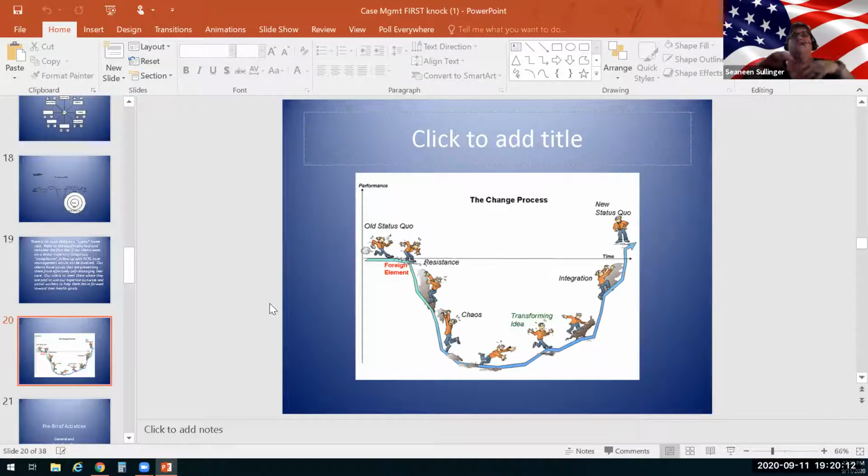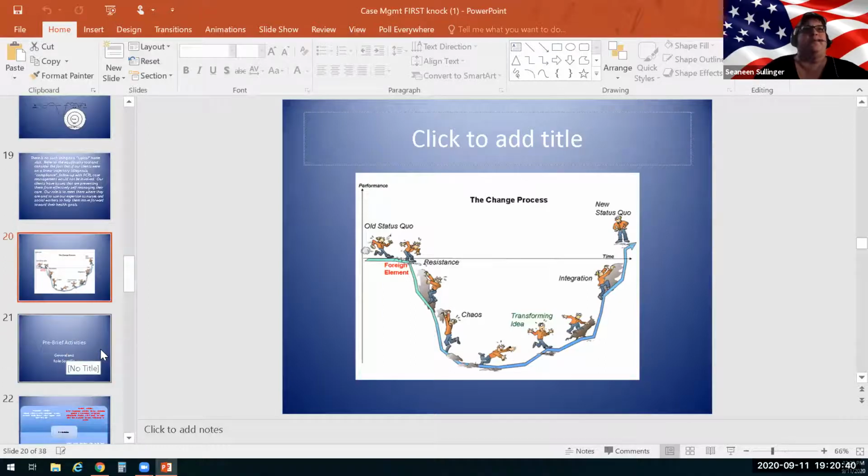They're gonna fight it, kicking and screaming. And then slowly but surely, they're like, oh, okay, this isn't so bad. And they start doing better, and then they integrate it, and then it becomes their new norm, right? Does that make sense? So it's our job to help them get through the resistance and chaos, try to get them to the transforming idea, and then provide positive feedback as it's becoming the new status quo.